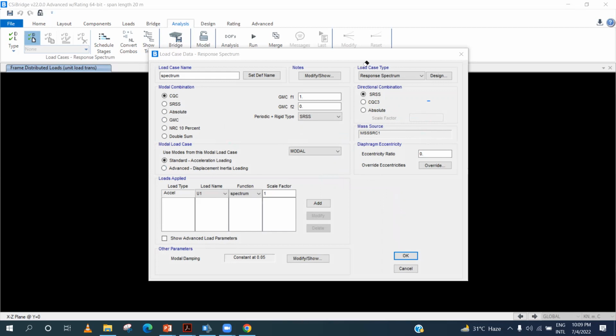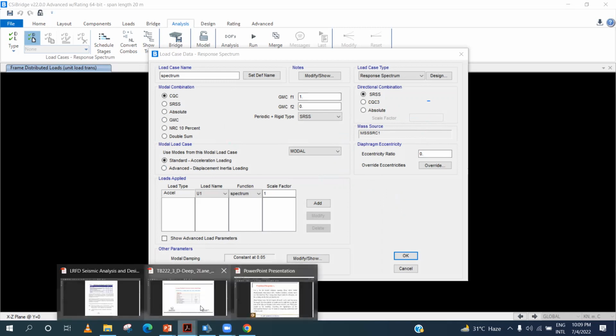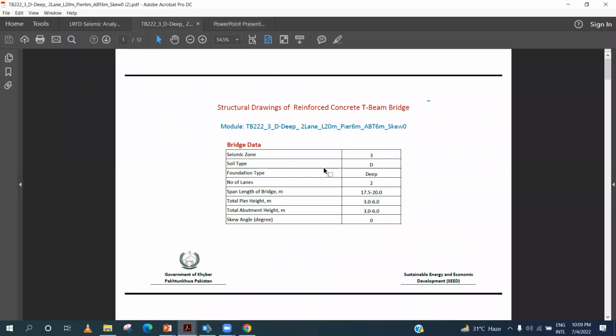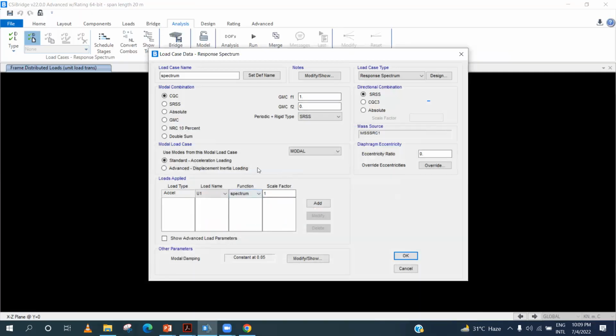But mostly the bridges we are taking into account do not lie near the fault zone, so the near-field effect is not taken. I think bridges are not built in such regions. I only know of a single bridge in the world that is constructed beneath an active fault line, the Rion-Antirion bridge in Greece, and it has been constructed near the fault zone.